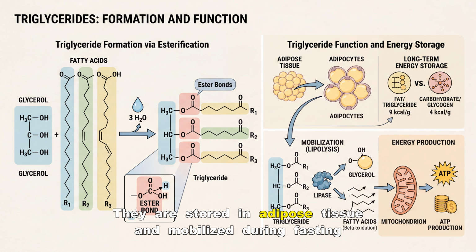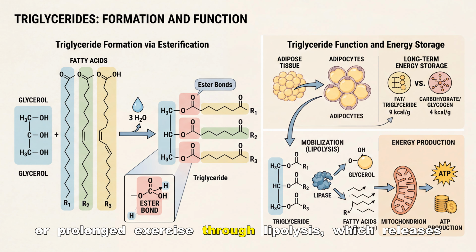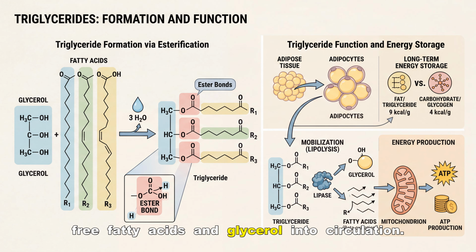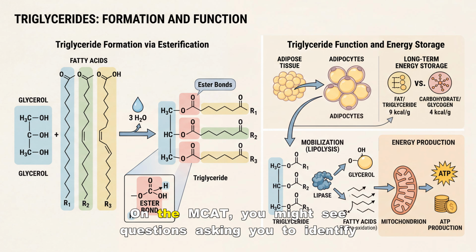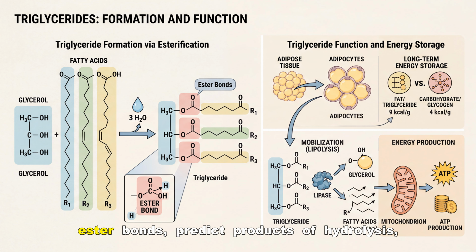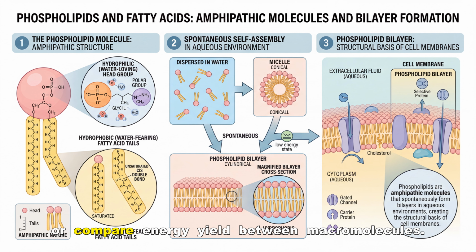They are stored in adipose tissue and mobilized during fasting or prolonged exercise through lipolysis, which releases free fatty acids and glycerol into circulation. On the MCAT, you might see questions asking you to identify ester bonds, predict products of hydrolysis, or compare energy yield between macromolecules.